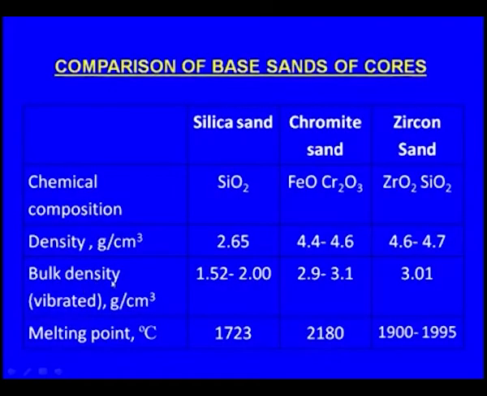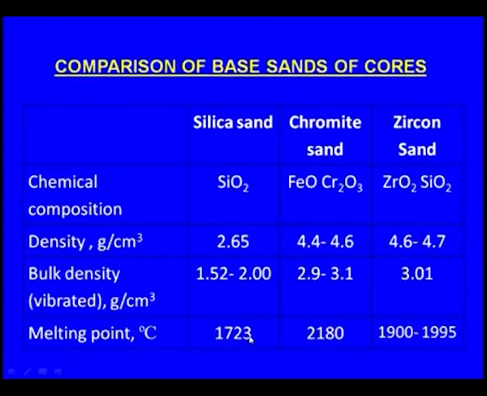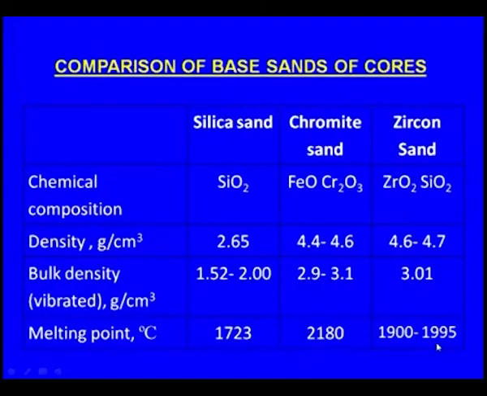The bulk density is 1.52 for silica, 2.9 to 3.1 for chromite and 3.01 for zircon sand. Next one, the melting point. For silica sand it is 1723 degrees centigrade, for chromite sand it is 2180 degrees centigrade and for zircon sand it varies between 1900 and 1995 degrees centigrade.